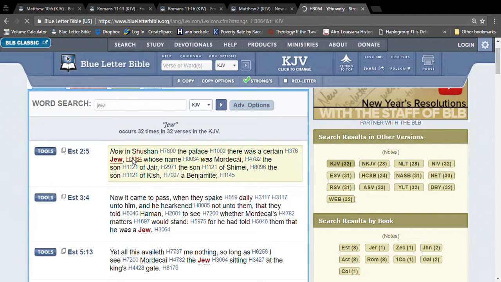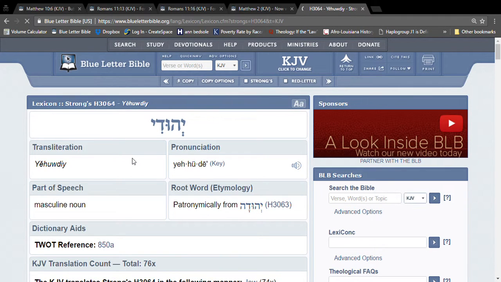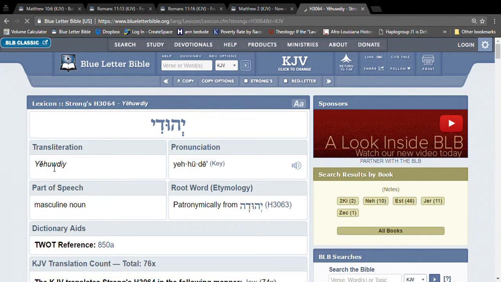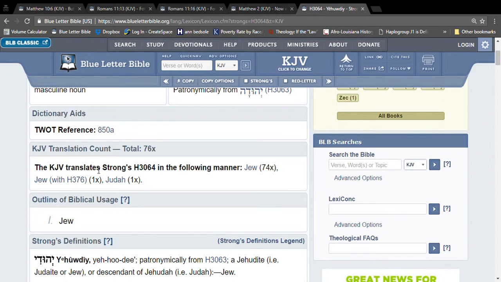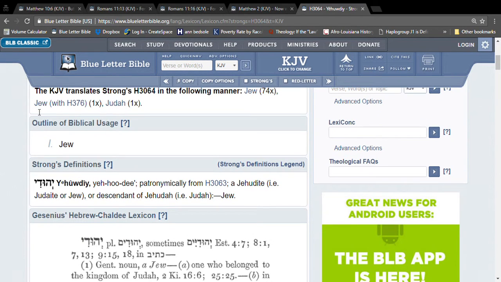So we're going to click on the Strong's number there. And we see, like I said, the word that was translated from the Hebrew to English was actually Yehudi, right? And the English translated it to Jew. Now it tells you that the Bible uses Jew. All right, but we want to know what is a Jew, so this doesn't help us.